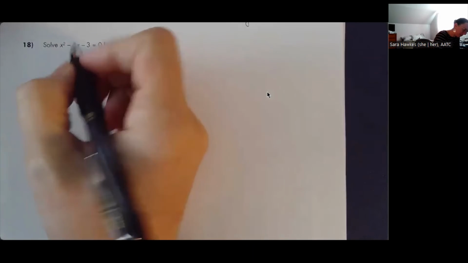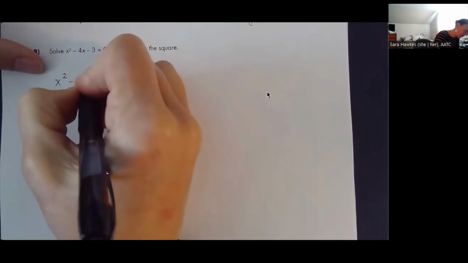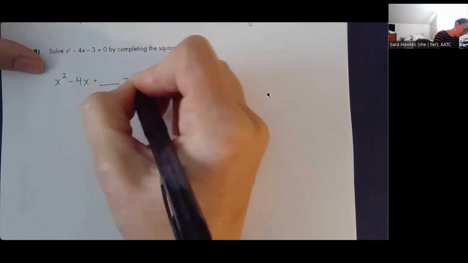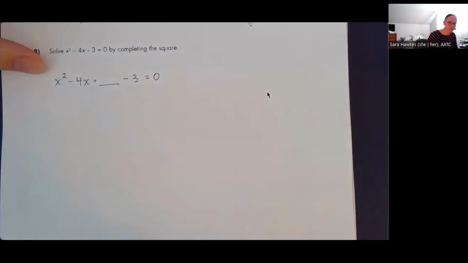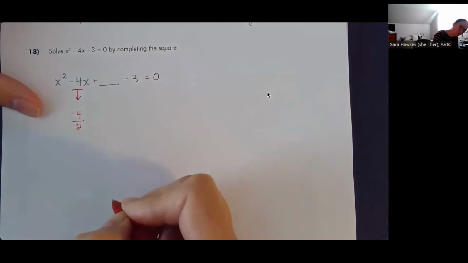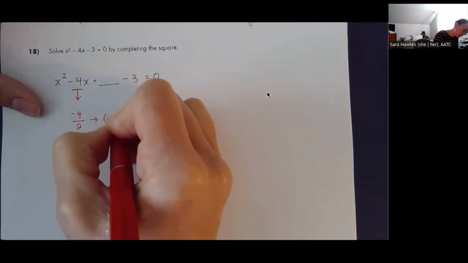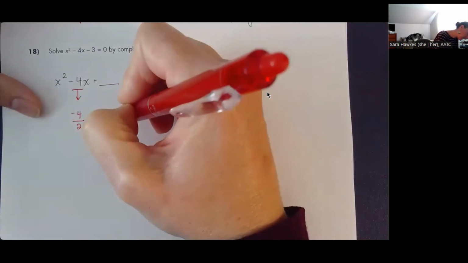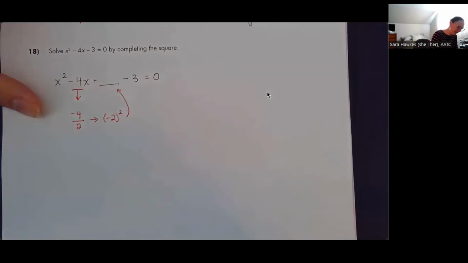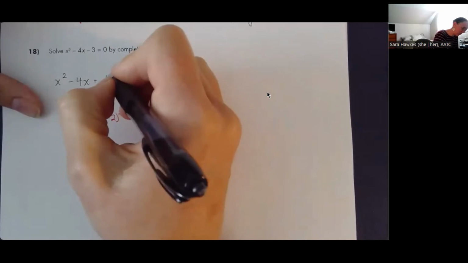So if I'm going to solve by completing the square, I'm going to write this as x squared minus 4x. I'm going to give myself a little bit of space here. Scoot my -3 over. Next up, I'm going to take the coefficient on x, divide it by 2. Take the answer that I get, which is -2, square it, and pop it back in. -2 squared is 4.